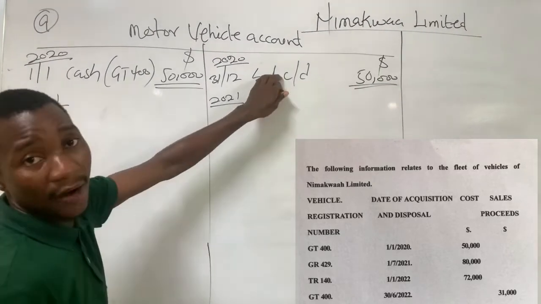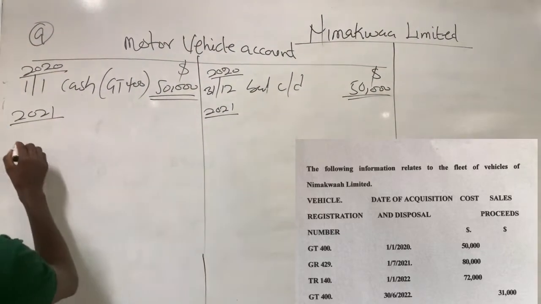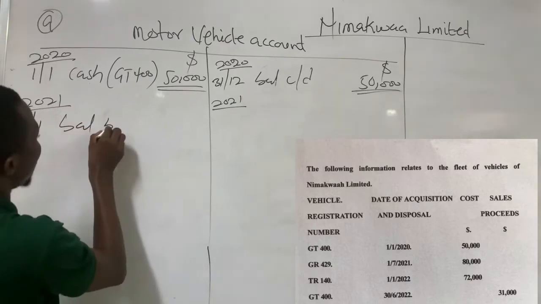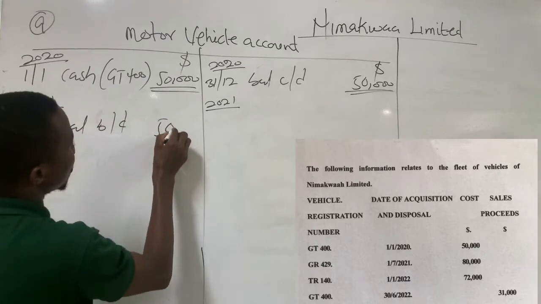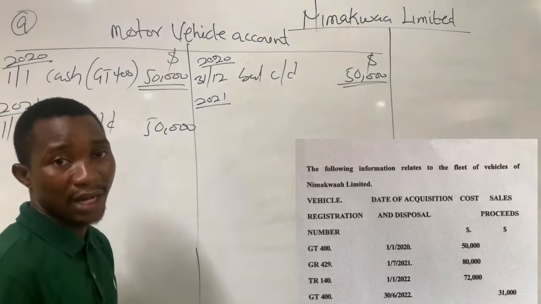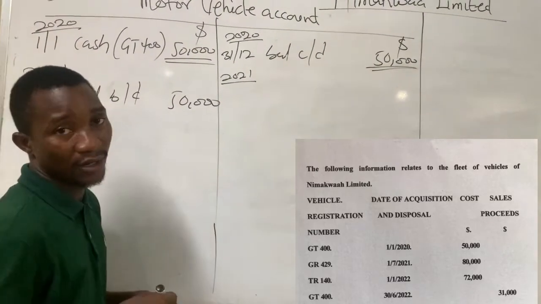This balance carried down will become balance brought down on 1st January, so balance brought down of 50,000. And on the 1st of July 2021, we acquired another asset.